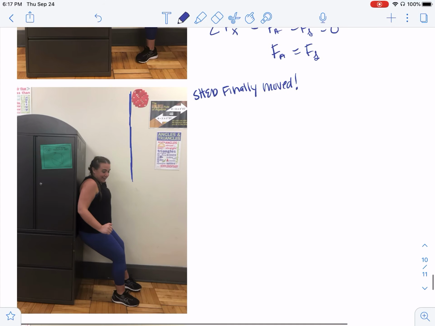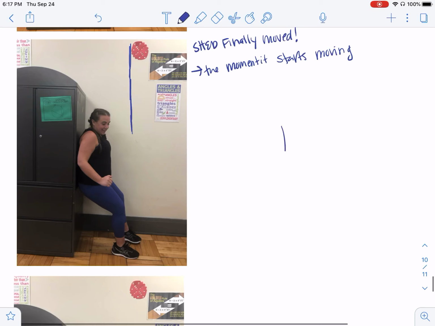So I'm going to kind of do this in two different steps. I'm going to do it at the moment it starts moving. So the moment it starts moving, or right before the moment it starts moving, I still have those same forces.